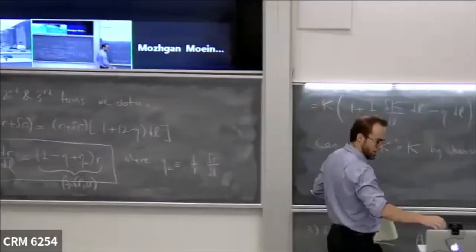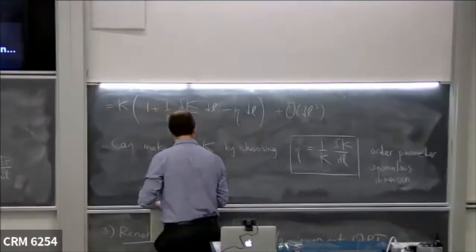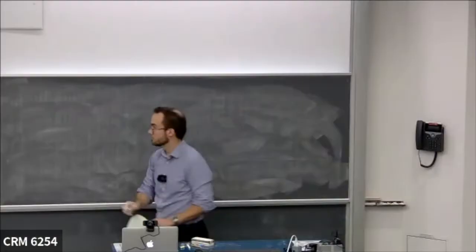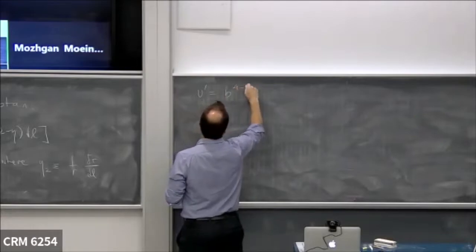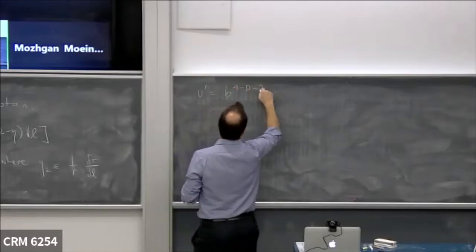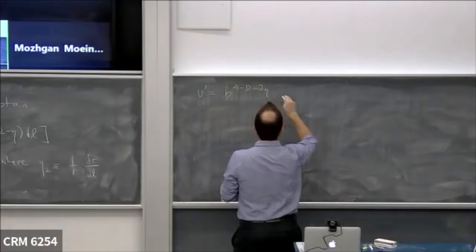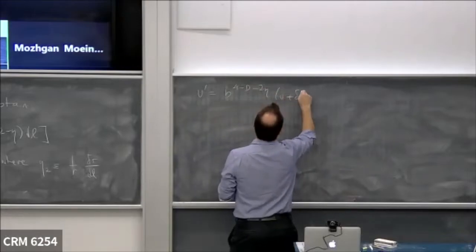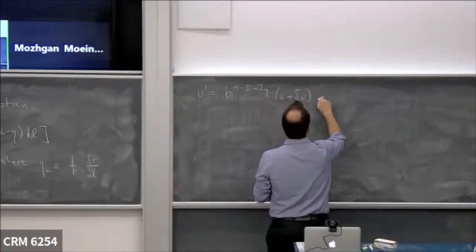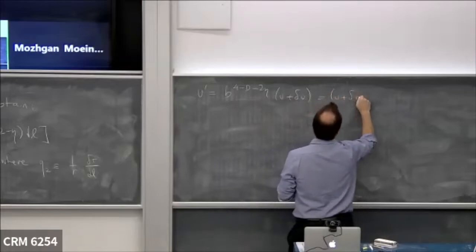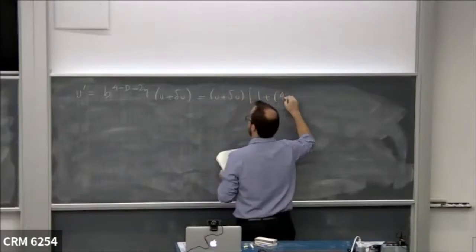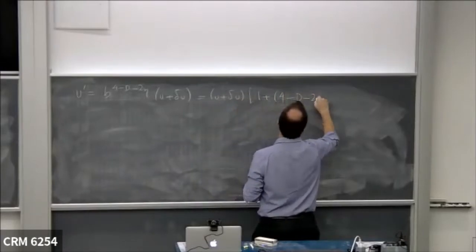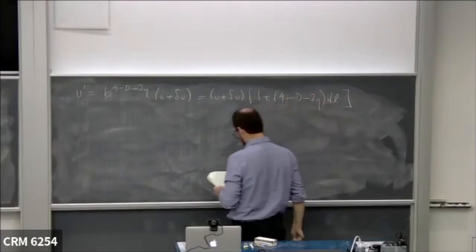And then finally, we have a similar flow equation for the quartic coupling. So we have u prime is b to the 4 minus d minus 2 eta, times u plus delta u, so it's 1 plus 4 minus d minus 2 eta dl.